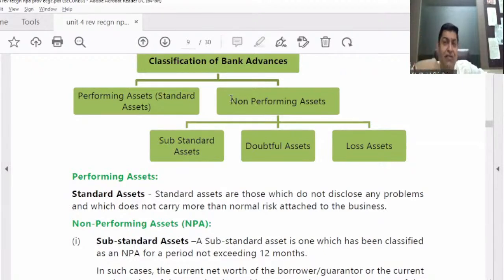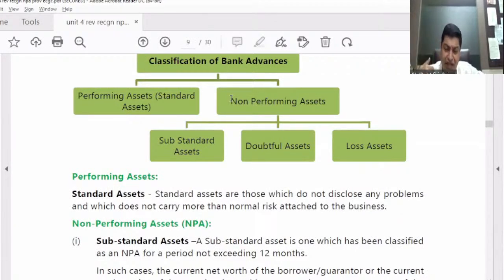So guys, in our regular business, we identify our debtors as doubtful debtors. It means this debtor may become a bad debt in future. And why are we doing this exercise?